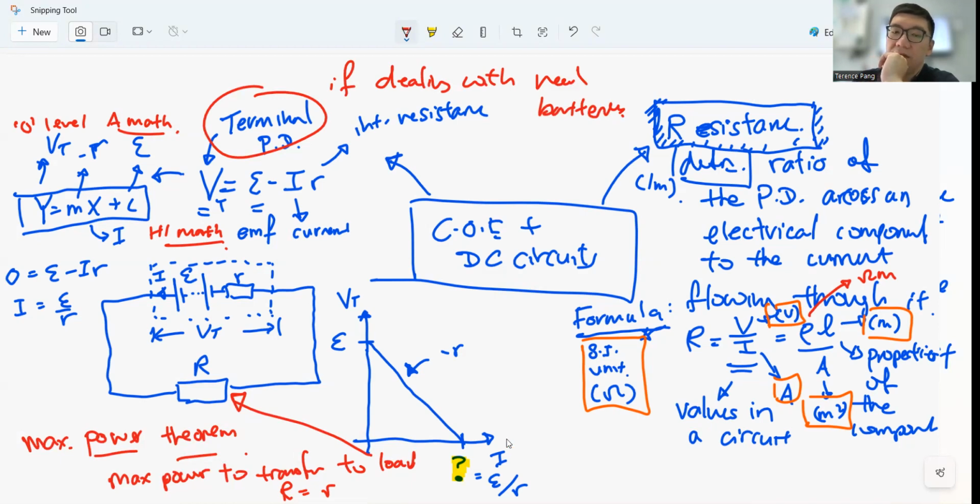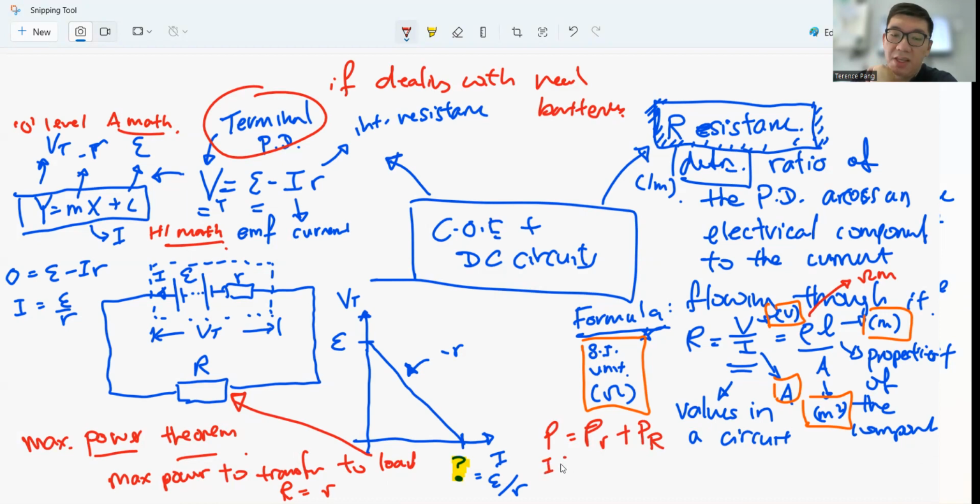You can actually derive the maximum power theorem by taking the total power equal to the power through the internal resistor plus the power consumed by the load. The big R is the load.